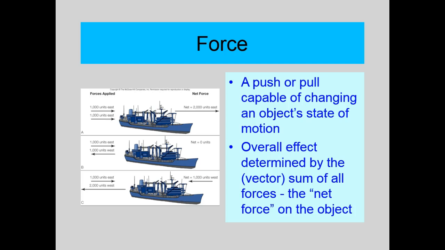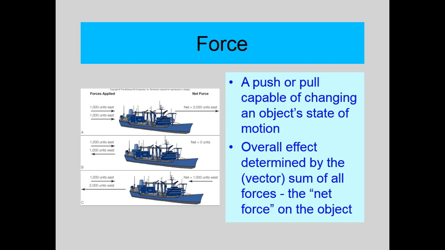Okay? The net force that the tugs are exerting on the ship is 2,000 units to the east. Remember, forces are vector quantities. You have magnitude and you have direction. But what if someone got their signals crossed and one tug was on one side and one tug on the other side?